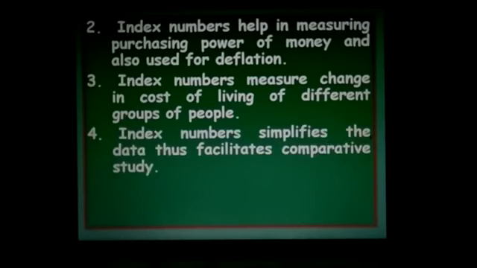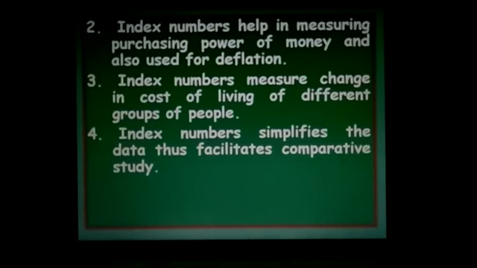Index number simplifies the data, thus facilitates comparative study. Statistical tools and techniques are used for the same purpose. Any tool or technique of statistics should simplify the data and facilitate comparative study. Here index number also does the same.